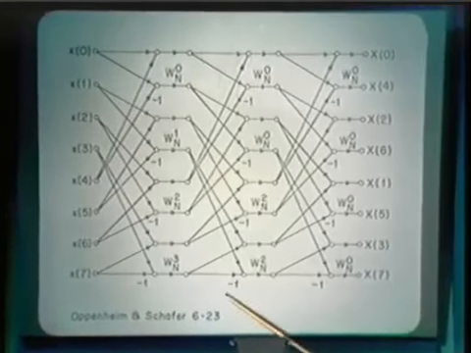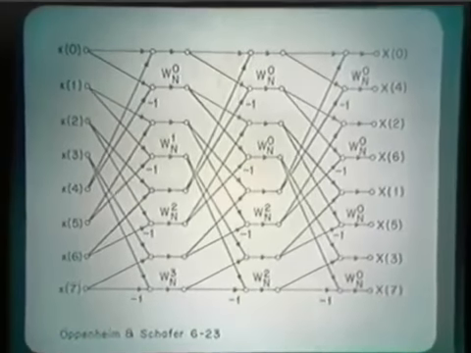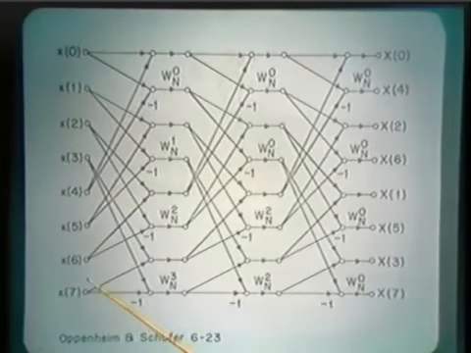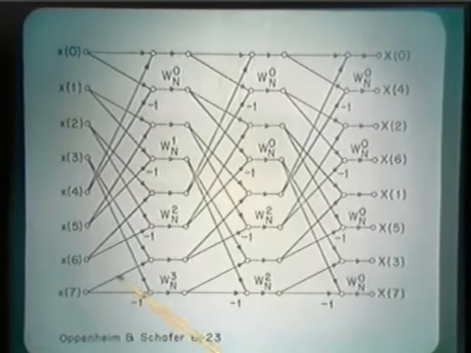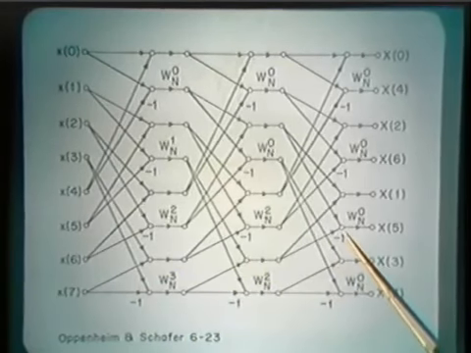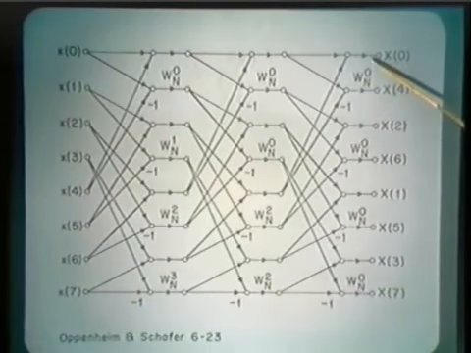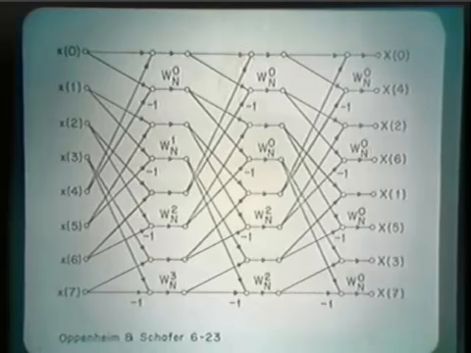This is a variation of that type of algorithm, in which now again we recognize that the indexing is identical from stage to stage. The input is in normal order, and the output comes out in bit reversed order.